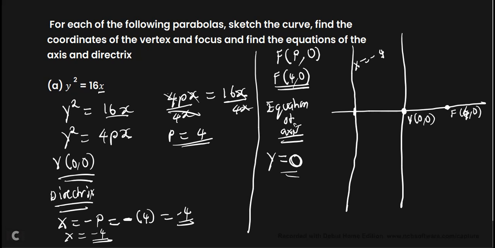So this focus is supposed to be inside the parabola. So you draw the graph to come out from this side, come here, then pass at your focus. So this is how your graph will look, and this is how you draw your graph for this.